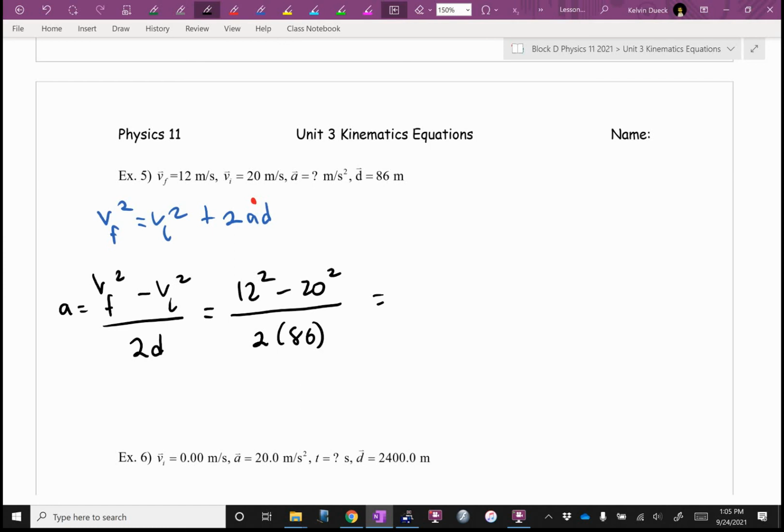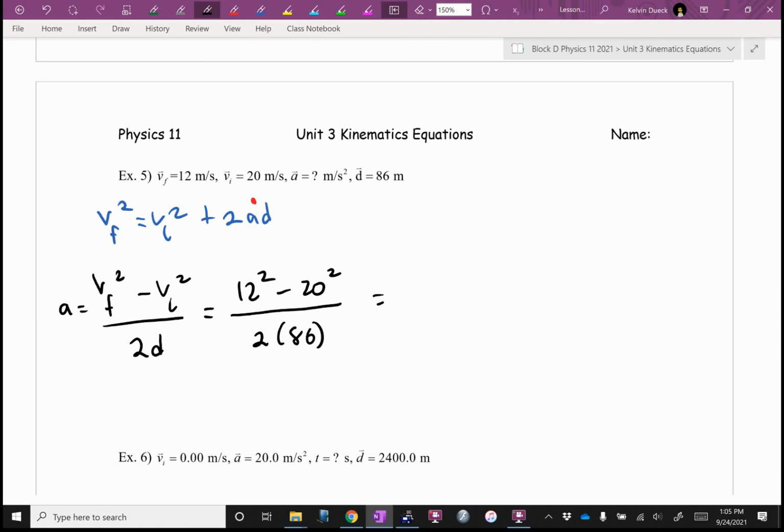What's a little bit weird about your answer? Is it negative? Wait. Zach, what was VI? What was VF? Did we speed up or slow down? Are we expecting a positive acceleration or a negative acceleration? I was expecting a negative answer.